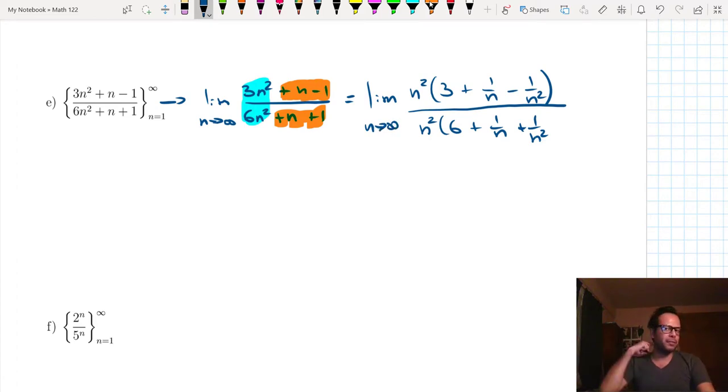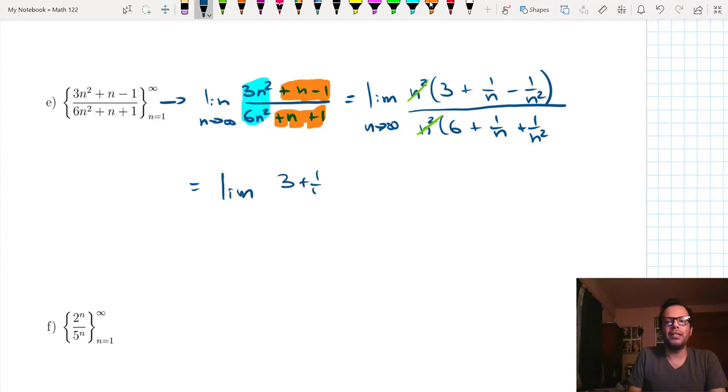Alright, in this case, I'm not going to substitute the number infinity. I'm just going to see what is going to happen. Number 1, let's divide out these n squares. So we're going to have limit of 3 plus 1 over n minus 1 over n squared divided by 6 plus 1 over n plus 1 over n squared, as n approaches infinity.